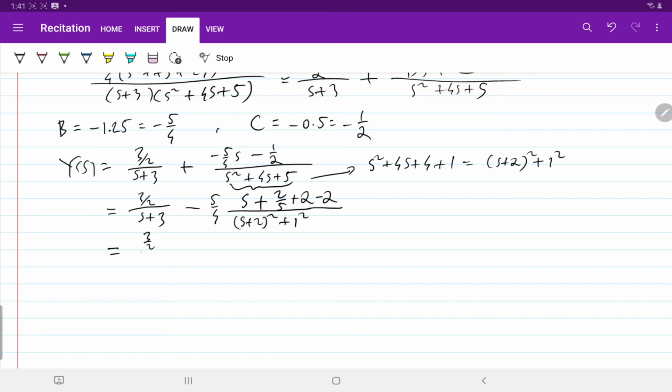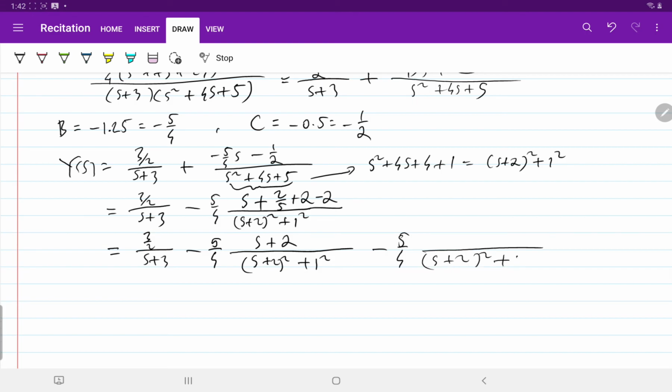You have 3 over 2 over s plus 3, minus 5 over 4 times s plus 2 over s plus 2 squared plus 1 squared, and then on this term we have 5 over 4, again over s plus 2 squared plus 1 squared, and the term here is minus 8 over 5, right?